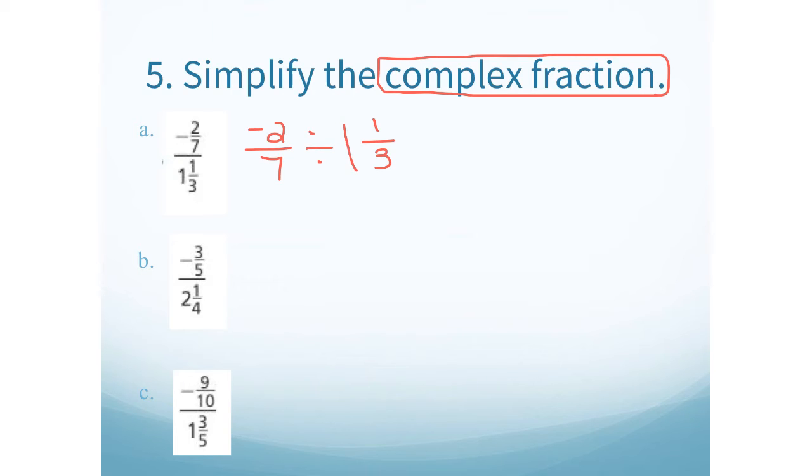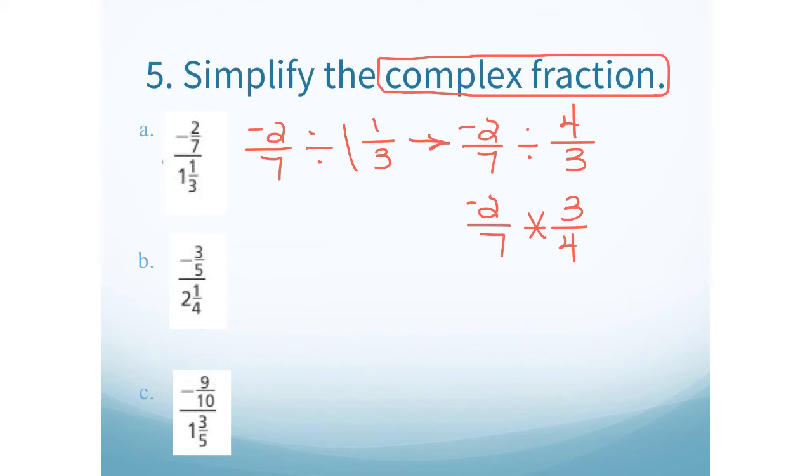Now we can apply what we know about dividing fractions. First, we need to take this mixed number and turn it into an improper fraction. So negative 2/7 divided by 1 1/3. That is equivalent to 4/3. Now we can keep, change, flip, or multiply by the reciprocal. Negative 2/7 times 3/4.